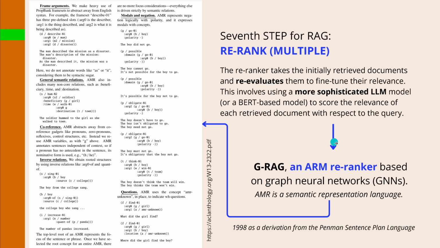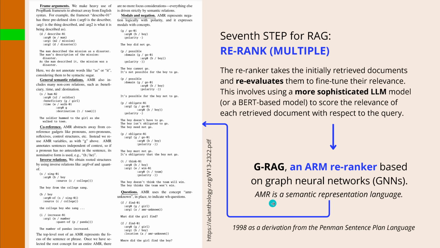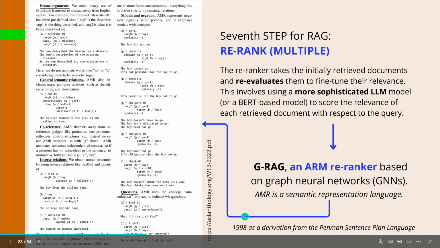The 7th step here is an AMR re-ranker only, and it is based on graph neural networks. And remember, AMR is a semantic representation language. Reading this paper, I found out that the information given by GPT-4 was incorrect because this refers back to 1998 as a derivation from the pattern and sentence plan language. So the historic development is much more complicated.